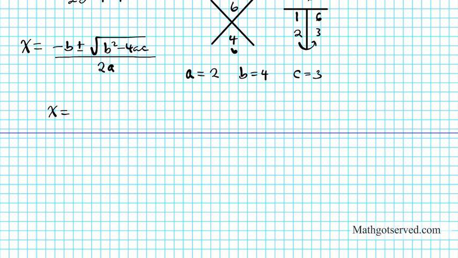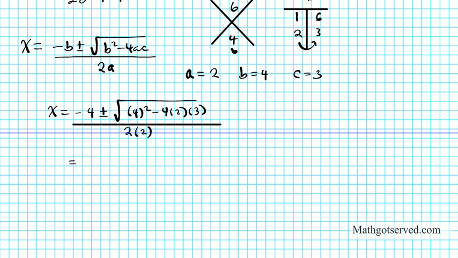So we have x equals negative 4 plus or minus the square root of b squared, it's 4 squared, minus 4ac, 2 times 3, and then that whole thing divided by 2a. 2a is going to be 2 times 2. Now let's go ahead and simplify that.